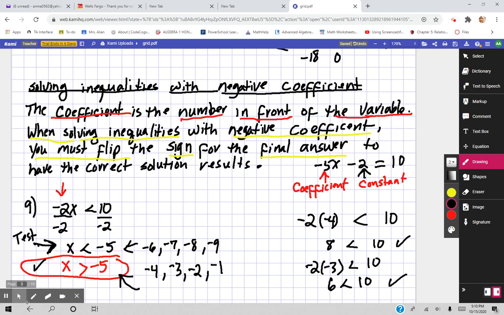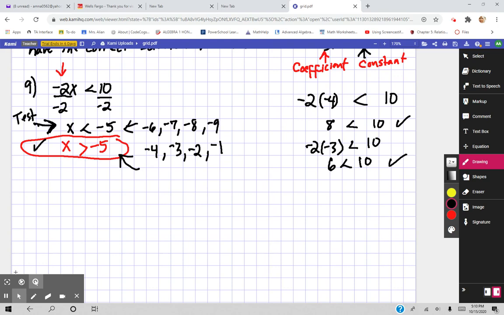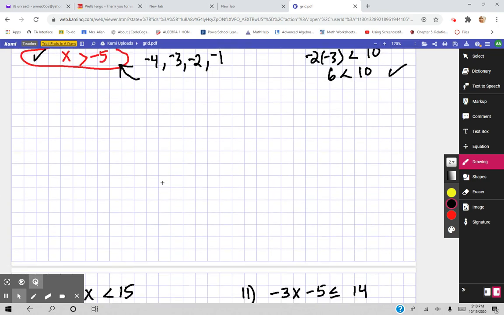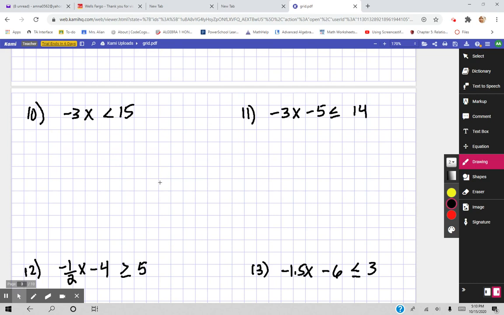All right, so let's go ahead and keep this in mind as we work the next problem. All right, the first thing I want you to notice is, do you have a negative coefficient? Because if you have a negative coefficient, you're going to have to remember to flip your inequality sign at the end. And yes, you do.